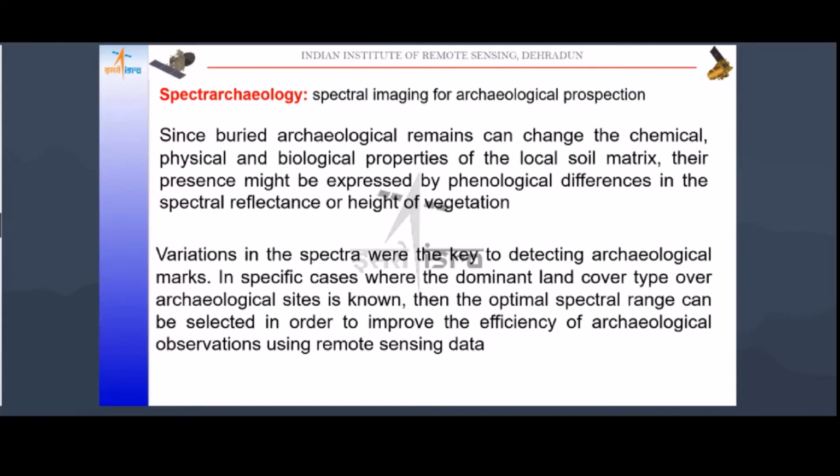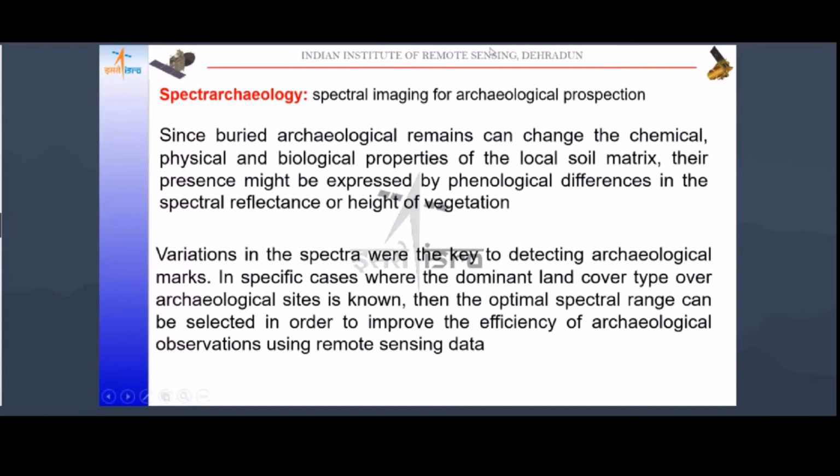So these marks are called soil marks or vegetation marks, right? So in specific cases where the dominant land cover type over archaeological sites is known, then the optimal spectral range can be selected in order to improve the efficiency of archaeological observations using this remotely sensed data.